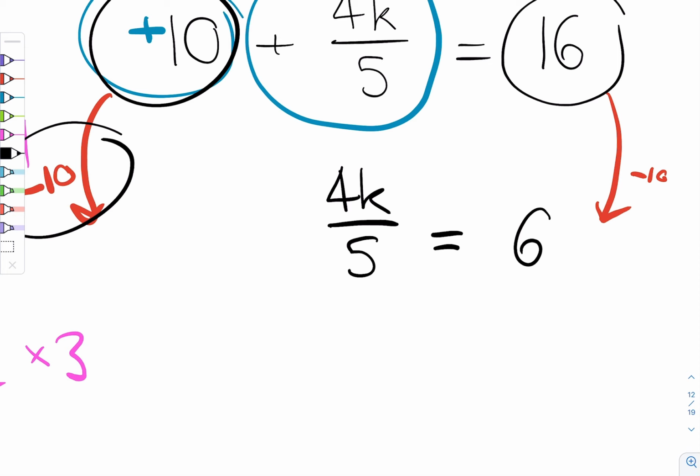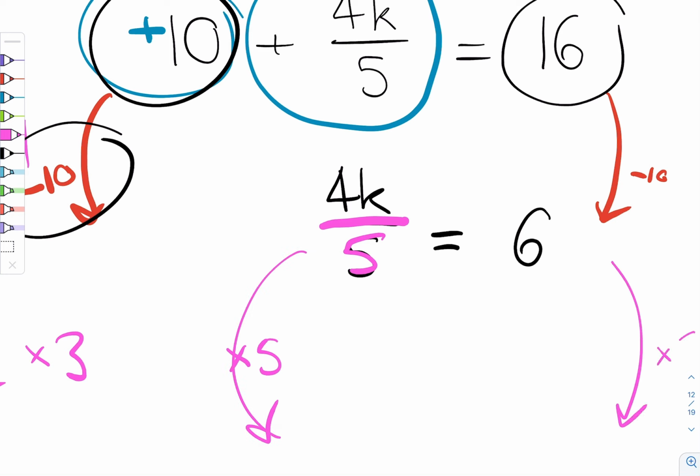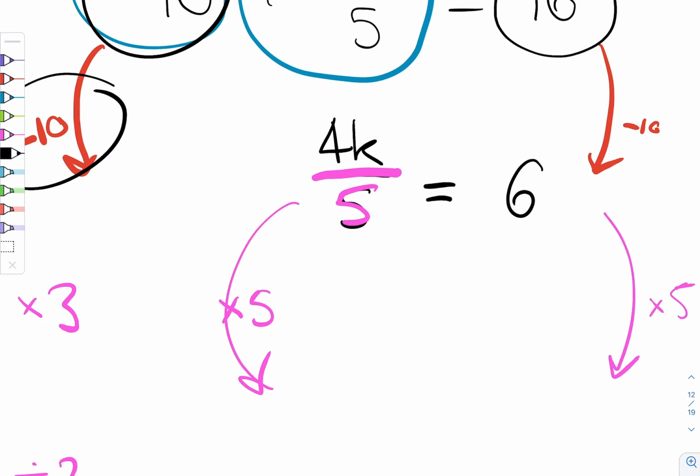So remember this one says 4k divided by 5, so the opposite would be to multiply by 5, so that will be my operation to cancel it. Look, I'm being a bit messy here because I want to go quick, because there's a lot of slides to go. So that leaves me with just 4k over 1, and you know the over 1 bit is no longer needed because it just doesn't change the answer. 4k divided by 1 is just 4k. 6 times 5 gives me 30.